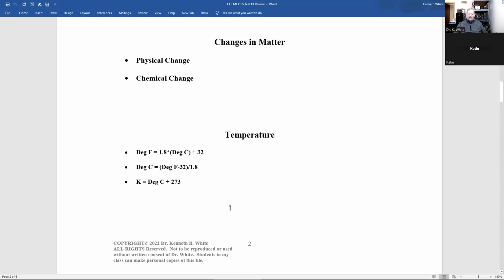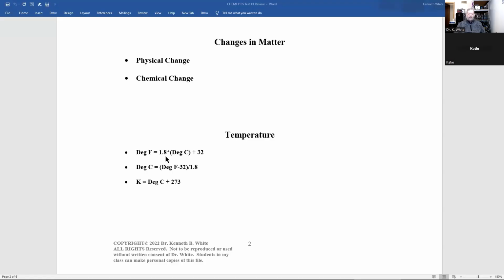Now, you've learned about significant figures. And let me remind you, on test 1, under your name, it will say print your name and sign it. Please do. Underneath, it will say, please use proper significant figures for all calculated answers. If you put down all the numbers on your calculator, I'm going to take off a point.